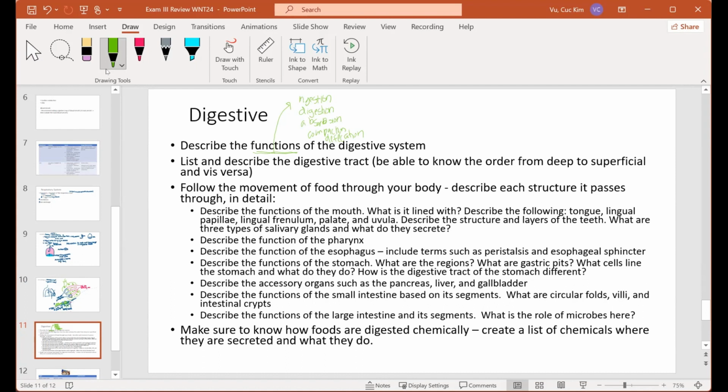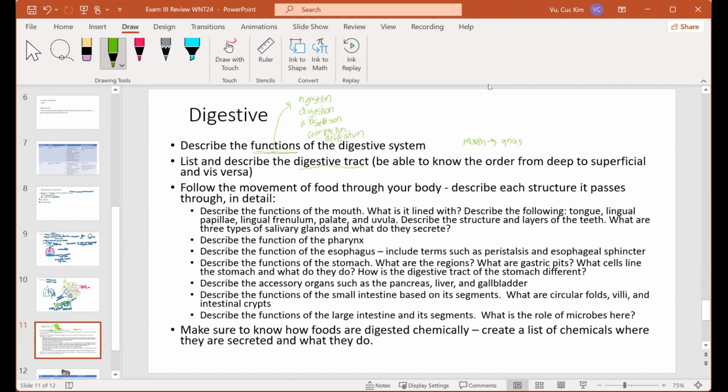Great. All right. So you also want to make sure that you can describe the digestive tract. Do the same thing that we did for the respiratory tract, following how it goes from the nose to the lungs. Here, you'd go from the mouth to the anus.